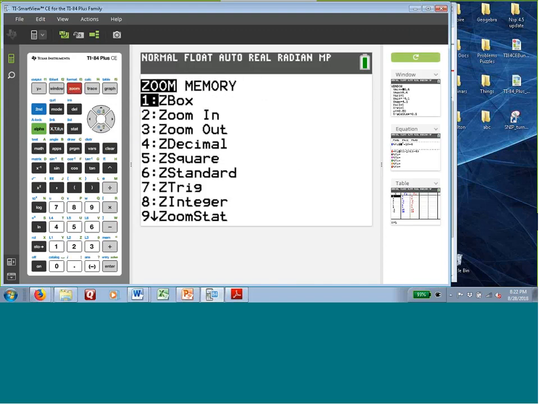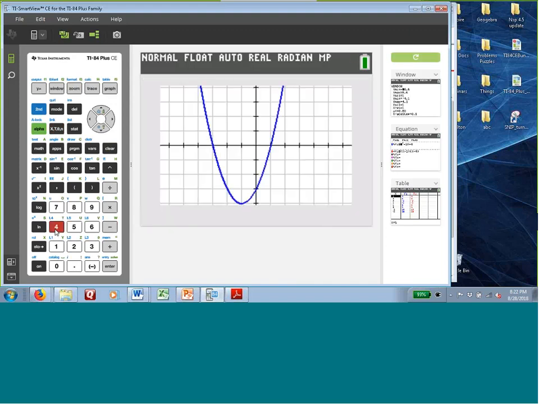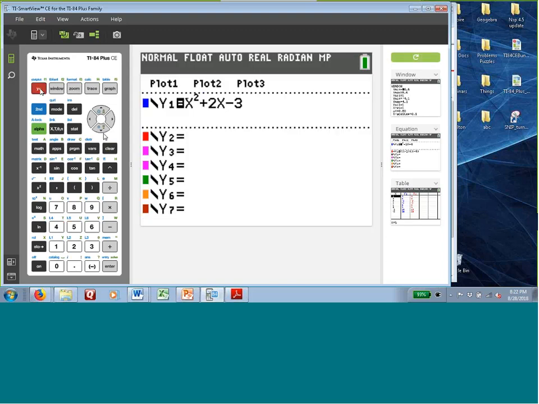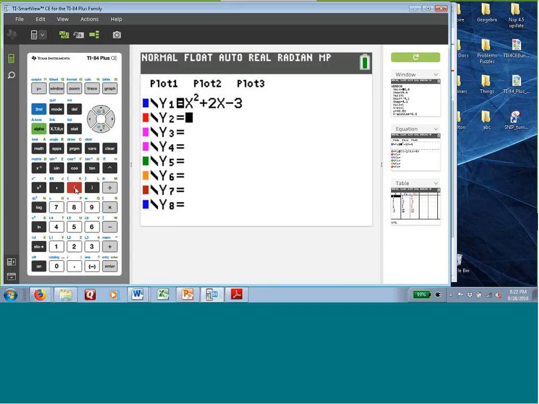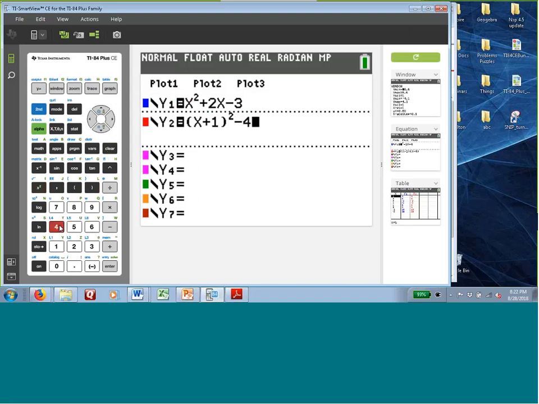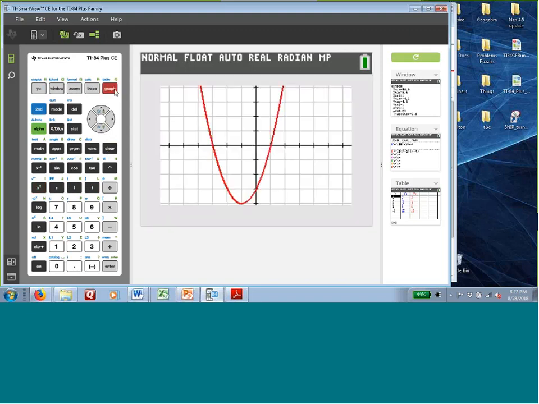And I'm going to go back to my Zoom decimal. And what I see here is I've got a vertex at -1, -4. So students are asked to put that into vertex form. So it's x plus 1 squared minus 4, and the red graph is going to overlay onto the blue graph.